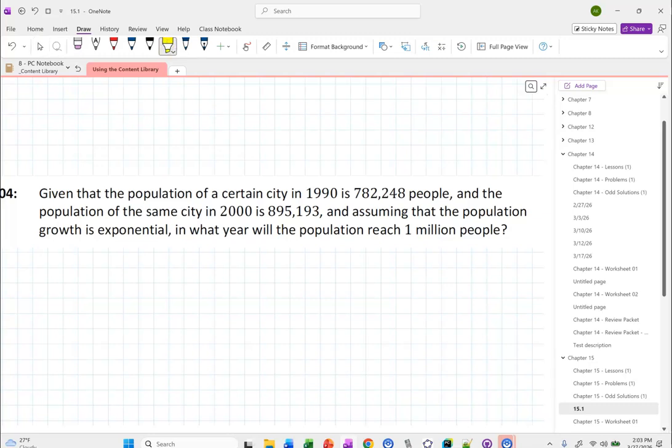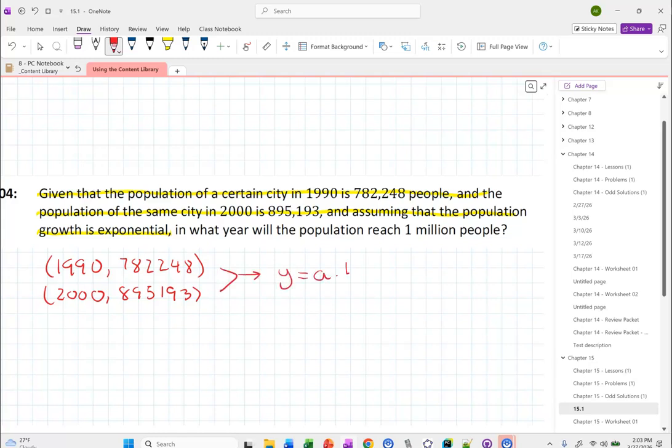So when you read this question, you should read this as a two-part question. The first part here that I've highlighted in yellow, you should think about as 2 points that we want to write an exponential function for.